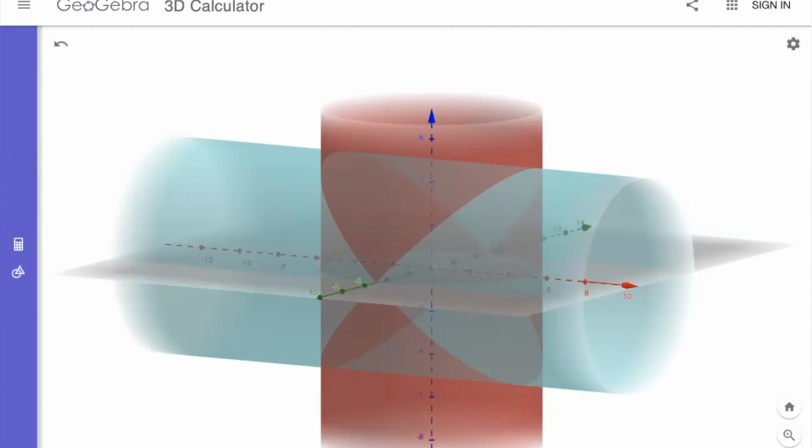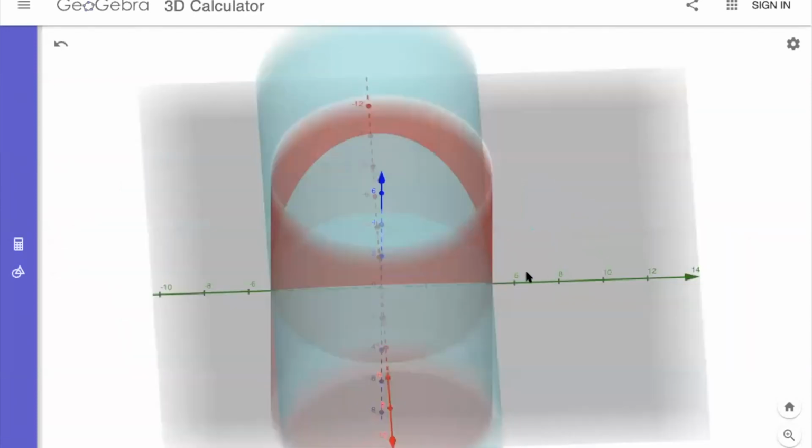Let me write it down: blue is z, red is x, green is y.